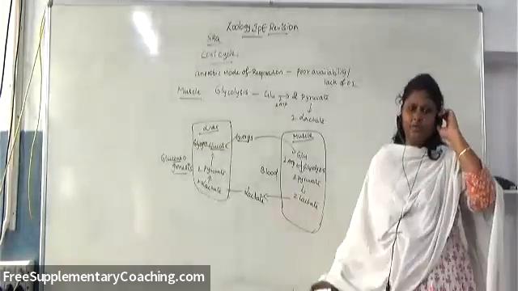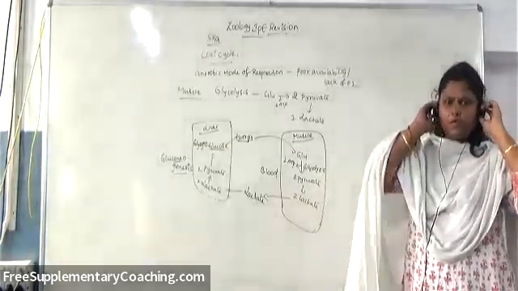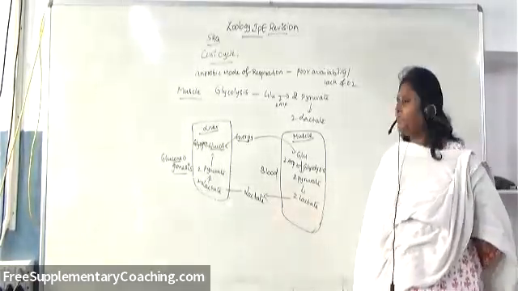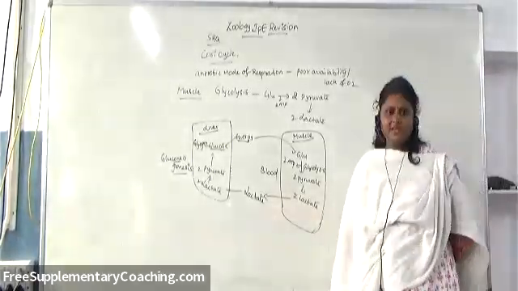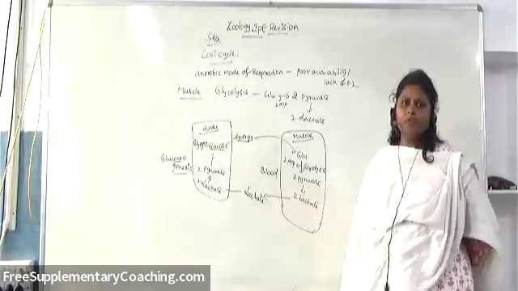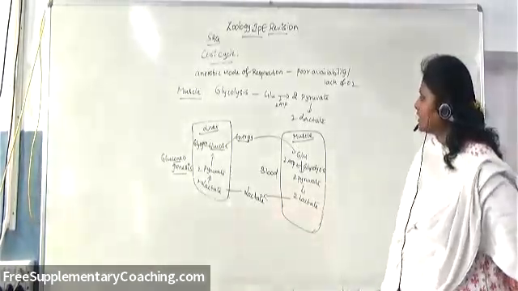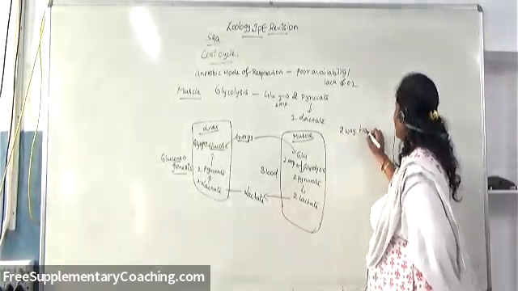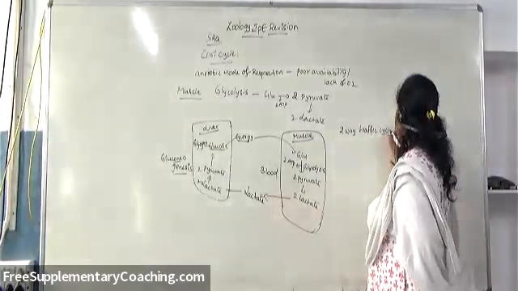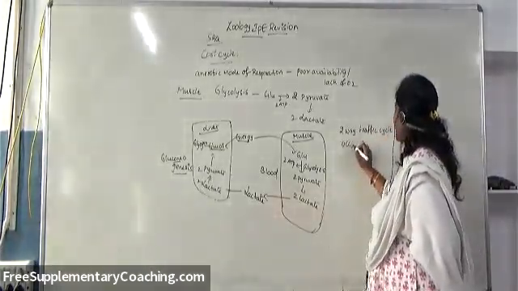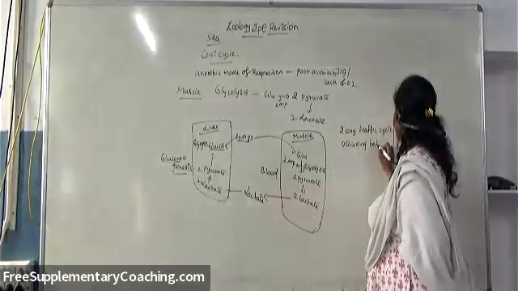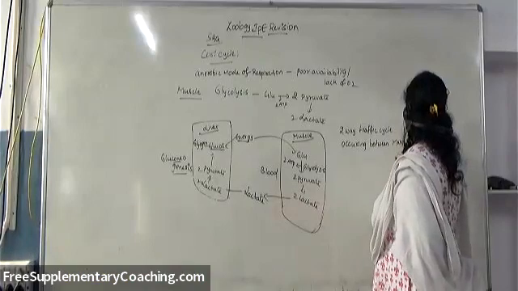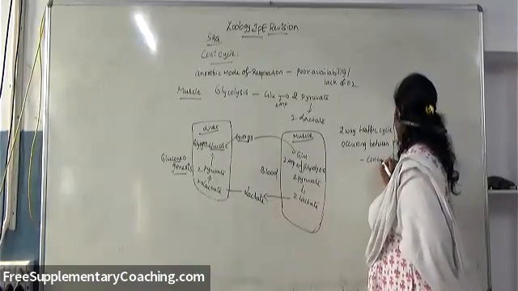If there is an energy requirement, glucose will enter into the muscle and help in producing energy for the muscle. Or if there is excess, it will be converted into glycogen and stored in the liver only. So this two-way traffic cycle, which occurs between muscle and liver, is called the Cori cycle.